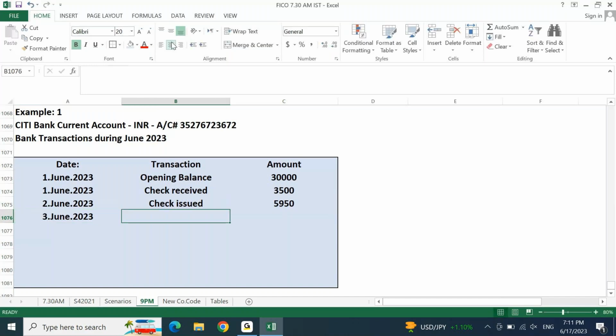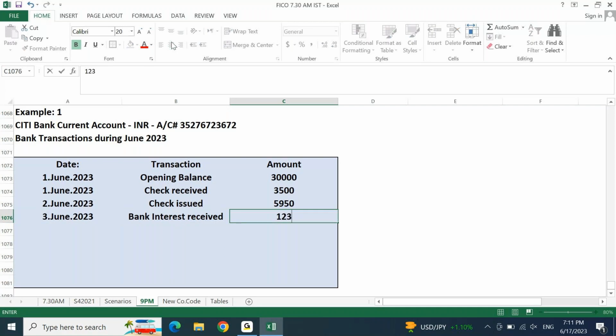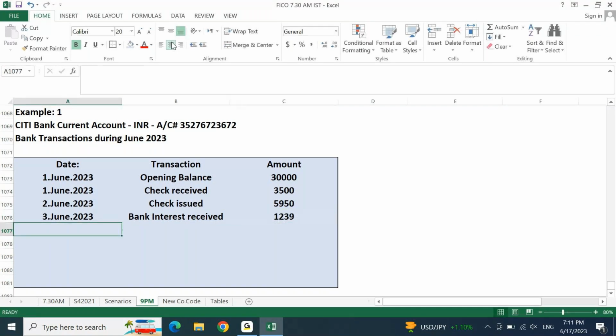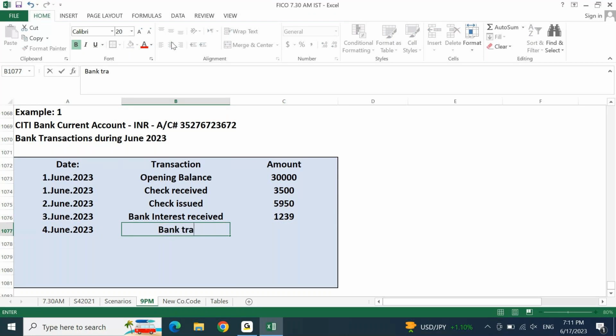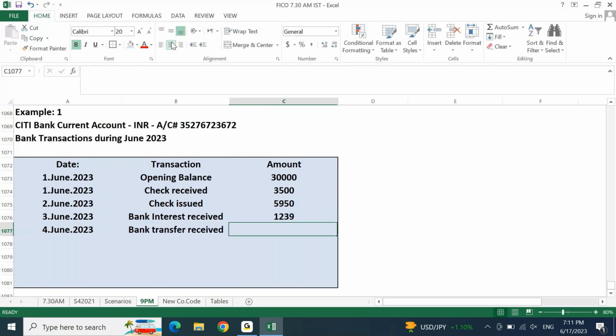On 3rd June, bank interest received 1,239, and on 4th June, let me write bank transfer received 12,852.